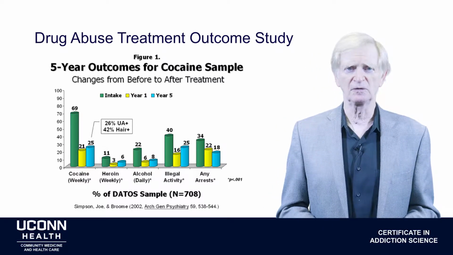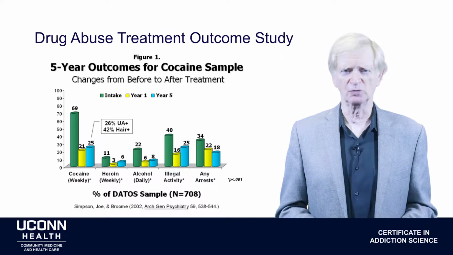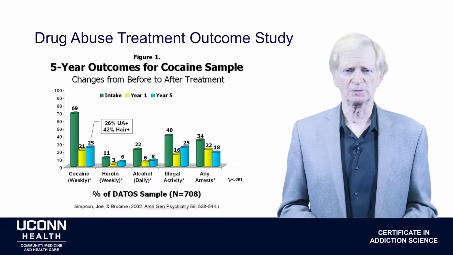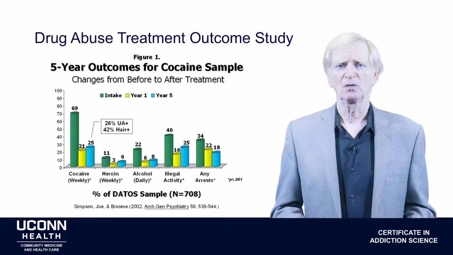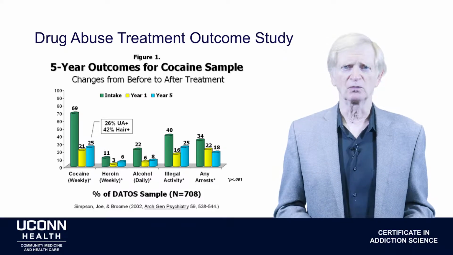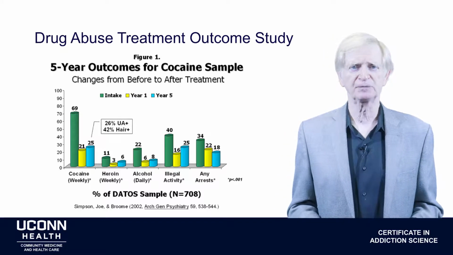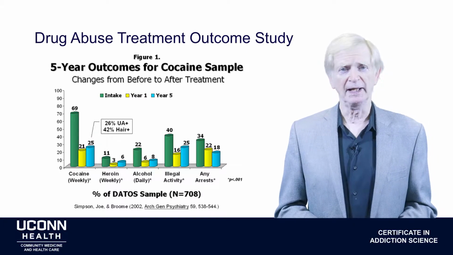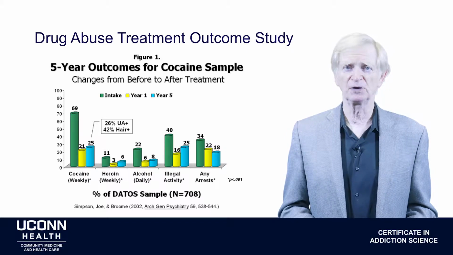And what this shows is that across all of the conditions where people with a cocaine diagnosis were exposed to treatment, at the different follow-up points represented in yellow and blue, there was a sharp decline in their cocaine use. And the blue represents their outcomes 5 years later.